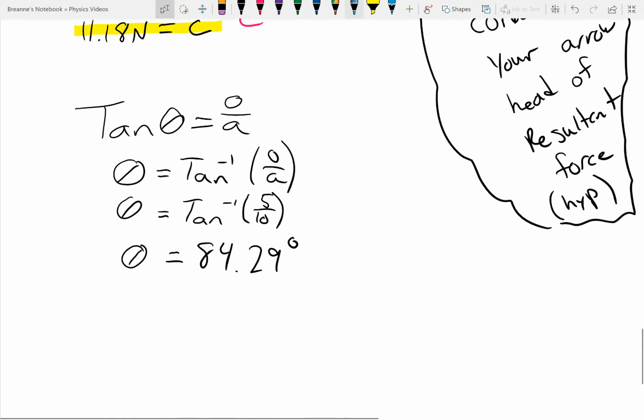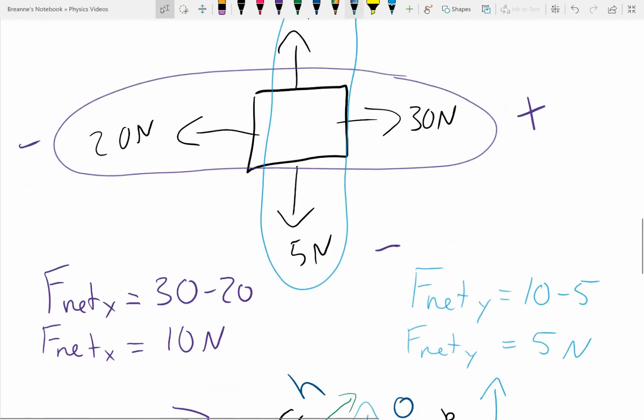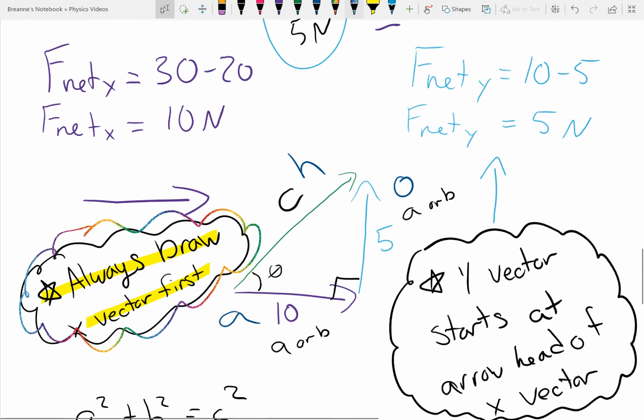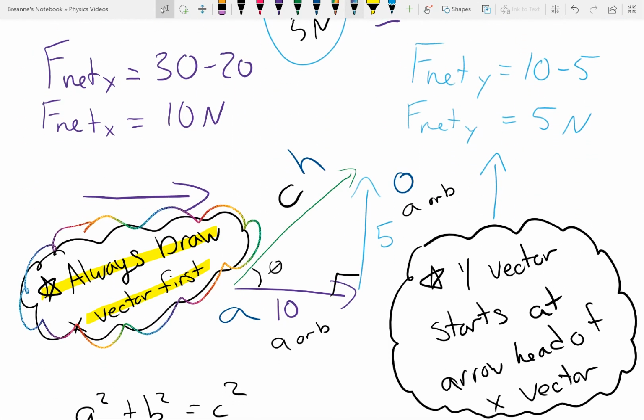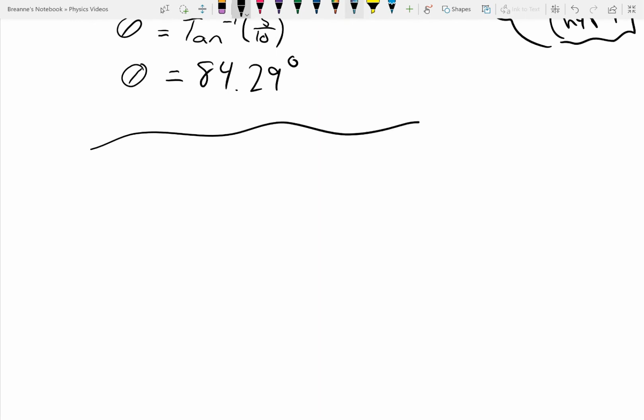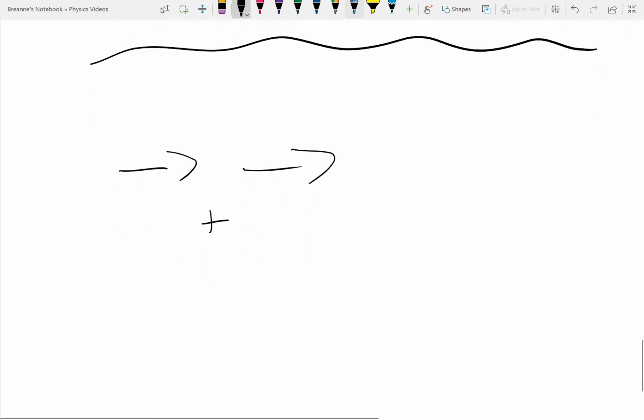So that's basically how to do one of these. You figure out all the forces in the x direction, figure out all the forces in the y direction. If they're going in the same direction, you add them. If they're going in the opposite direction, you subtract them.